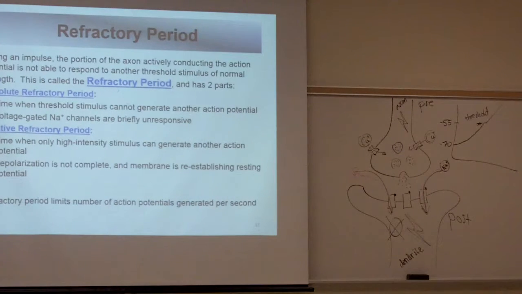So now that those sodium channels are open back up for business, if we get a really, really high intensity stimulus, then we can regenerate another action potential during a relative refractory period. The reason we have a refractory period, as Joe alluded to earlier, is to control the amount of action potentials generated per second. Otherwise, you would fry out your nerves. They would undergo way too much activation.